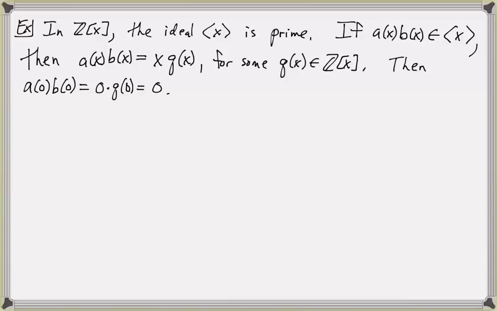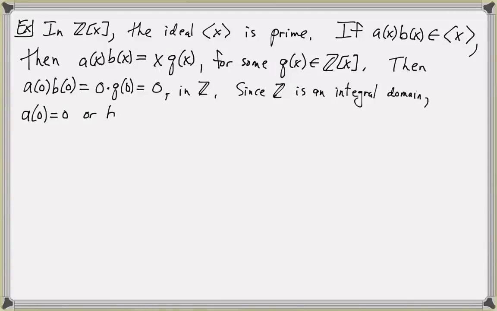So this product occurs in the set of integers, Z, but since the ring of integers is an integral domain, and we have a product equal to 0, we must have a of 0 equals 0 or b of 0 equals 0. But that means that x divides a of x or x divides b of x.